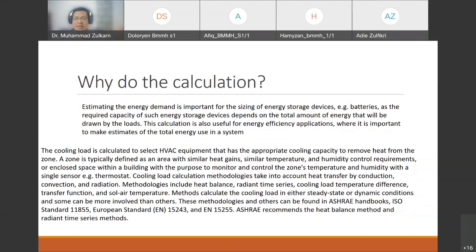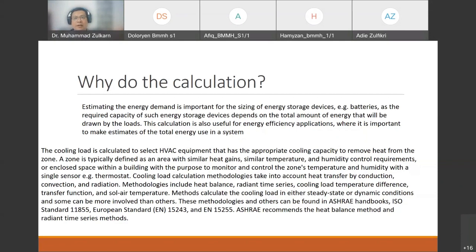So when we calculate the load demand in the HVAC, we include all parameters that contribute heat, which should be counteracted by the air conditioning.